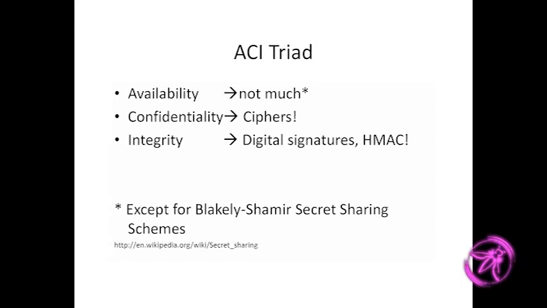There's what's called the Blakley-Shamir secret sharing schemes. They're a class of algorithms, and they can work very well for availability, but they're very rarely used in the real world. They are out there, and there are commercial products that support it, and there's even an open source implementation called SSSS, the Shamir Secret Sharing Scheme software. But I have not actually seen anyone use it, but I know it's out there.